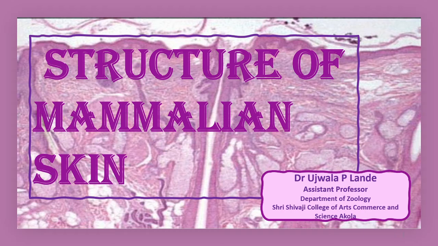It is just the protective covering. If any external thing is going to enter into the body, the skin acts as the first barrier. So it prevents entry of any germs into the body.